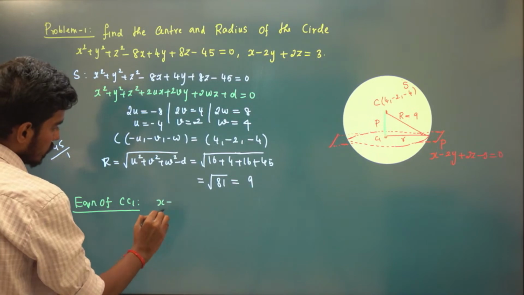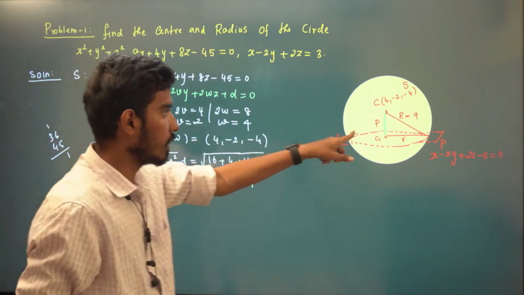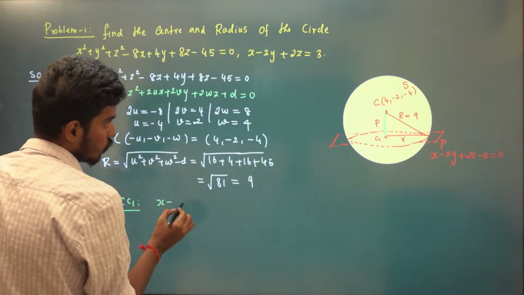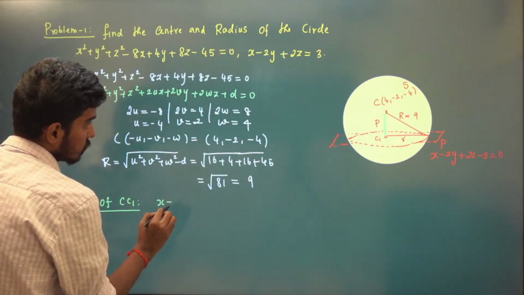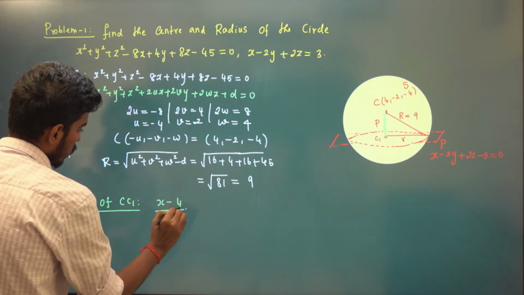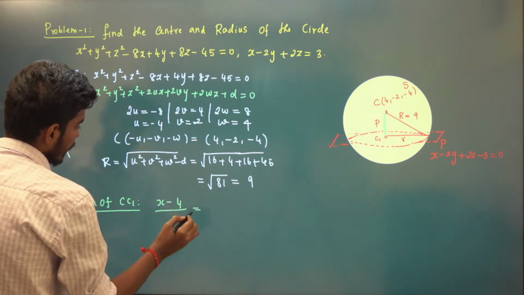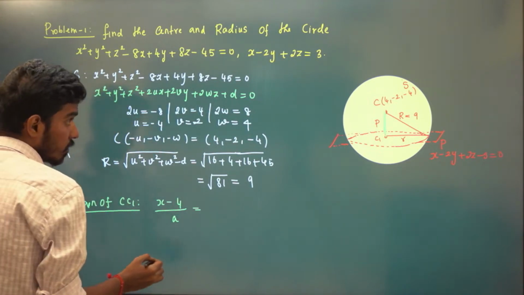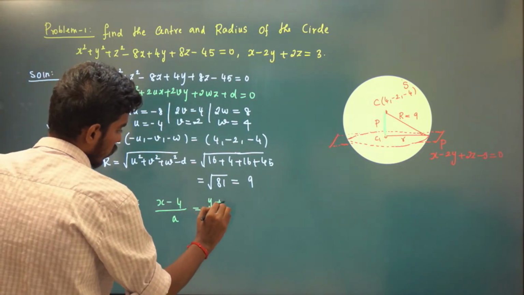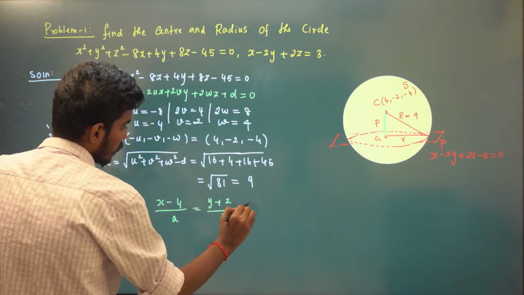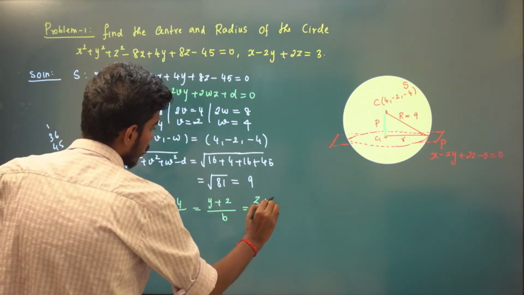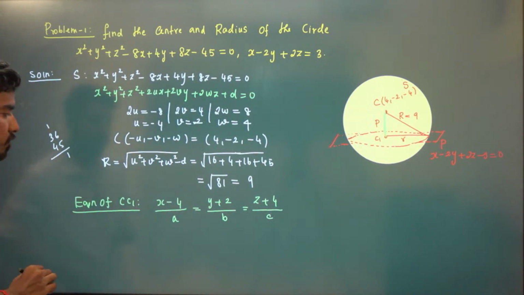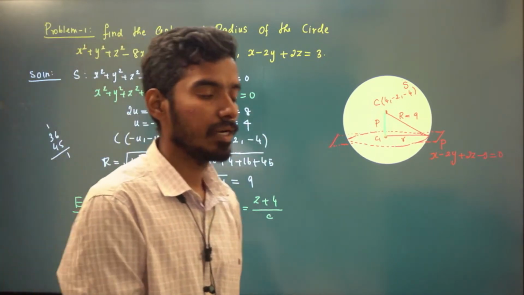This line is passing through the point (4, −2, 4), so (x − 4)/a = (y + 2)/b = (z − 4)/c, where a, b, c is the direction ratio of the line. This is the equation of the straight line CC1 in symmetrical form.